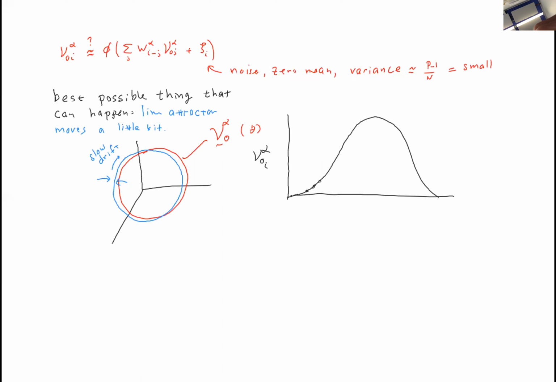This is a bunch of points, but I'm going to actually draw it as a curve just so it's easier. And so what we have along this curve is nu_0i alpha equal to phi of the sum over j of w_ij nu_0j alpha.